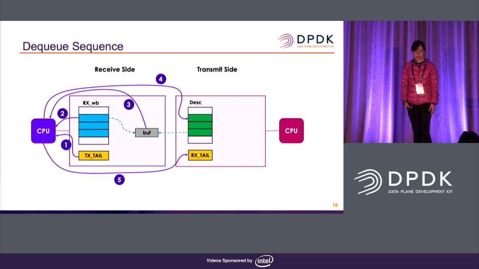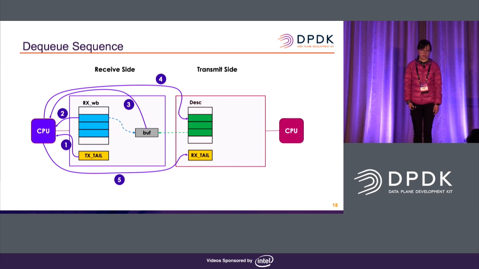After that, the CPU of the receive side will need to allocate a new mbuf for this descriptor ring for the next packet transmit and receive. At last, the CPU on the receive side needs to update the RX tail to tell that it's ready to receive another packet.